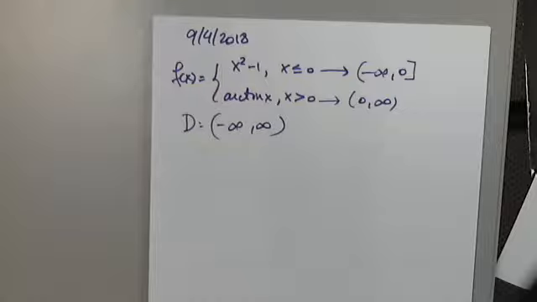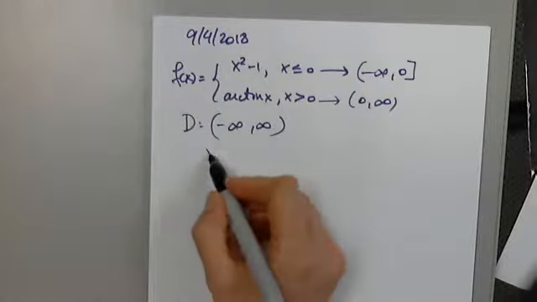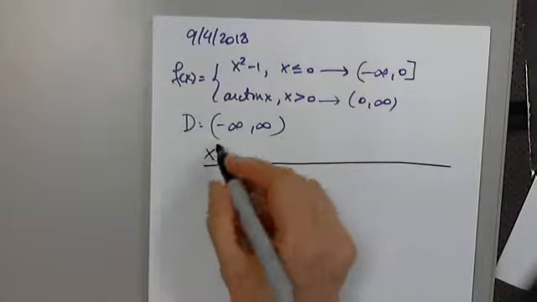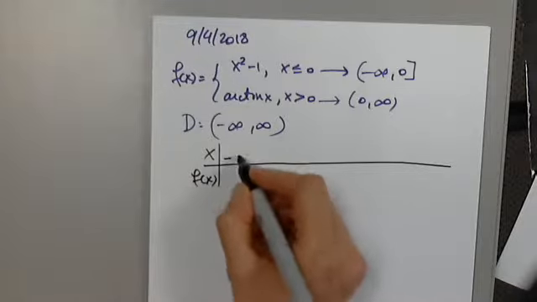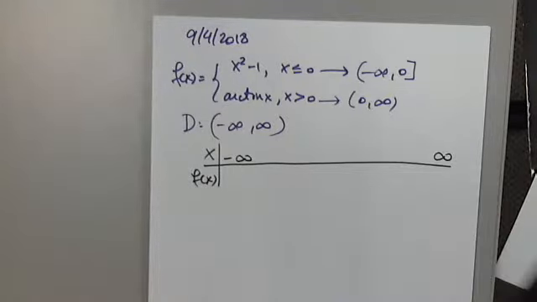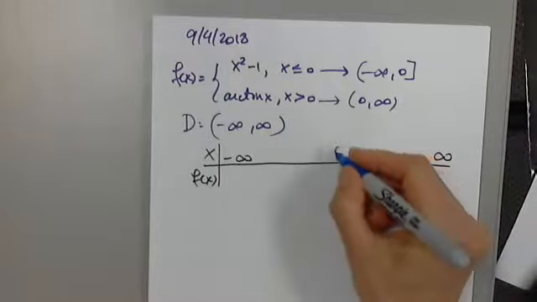The next step is I have to present a table of values. And I have to present from negative infinity to infinity. In this chart, I have to put in the key value of x. Which is the key value of x here? 0. Exactly. 0 is the key value.